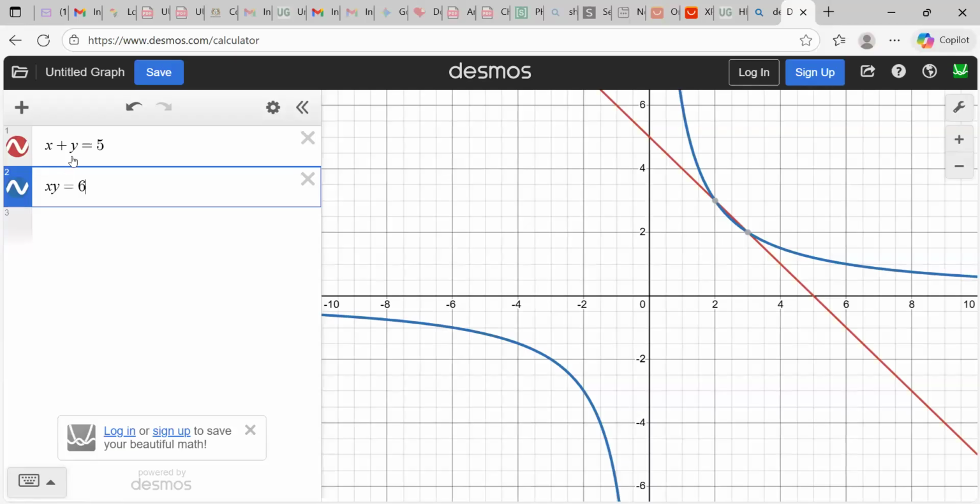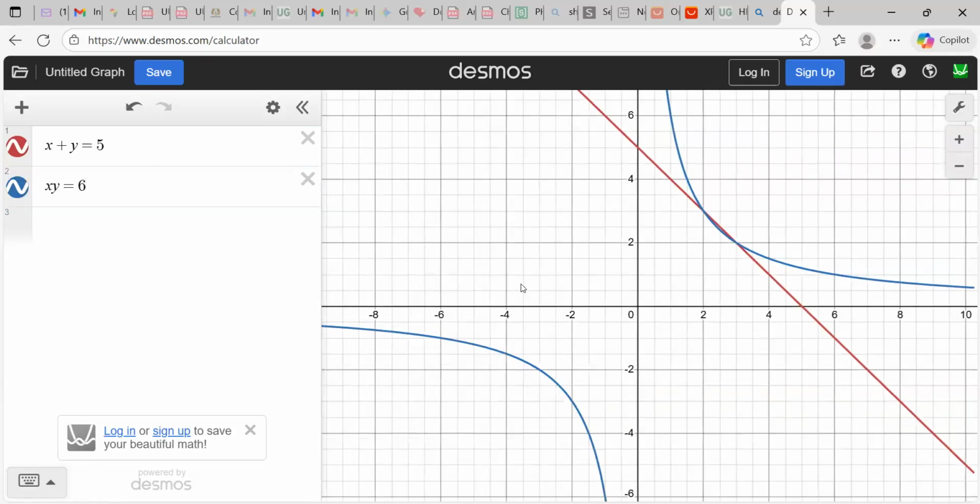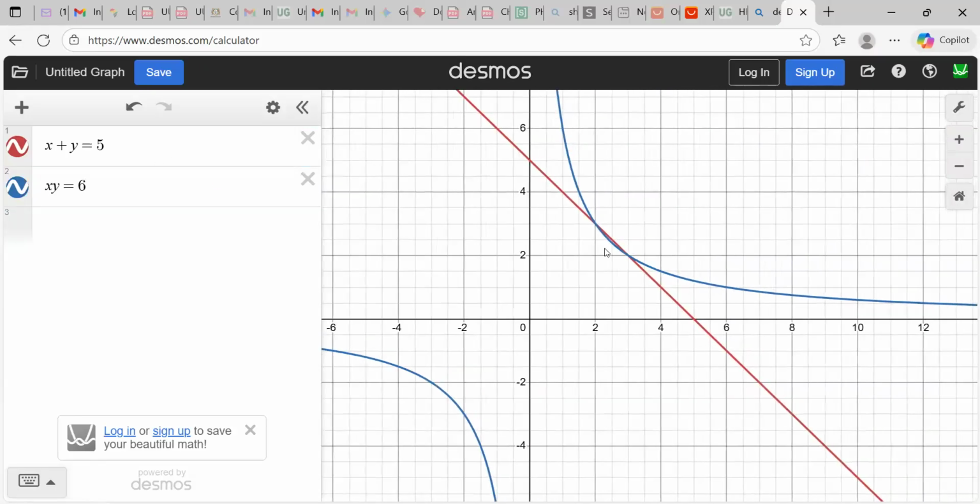This is what it looked like, right? And where the line intersects was 2 and 3 or 3 and 2, right? Those were the solutions: x equal 2, y equal 3, or x equal 3, y equal 2. It's where the line and the curve intersect.